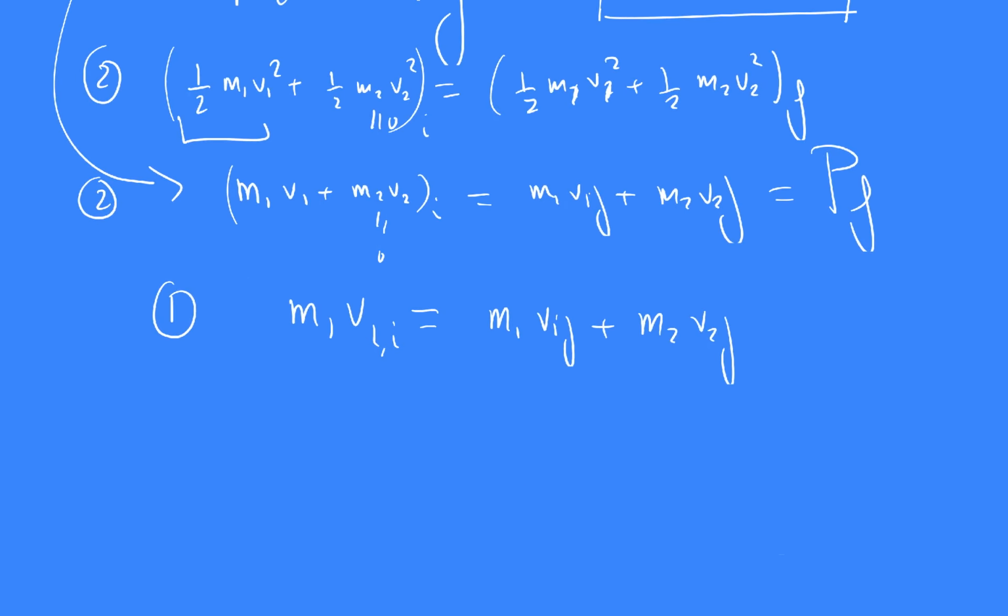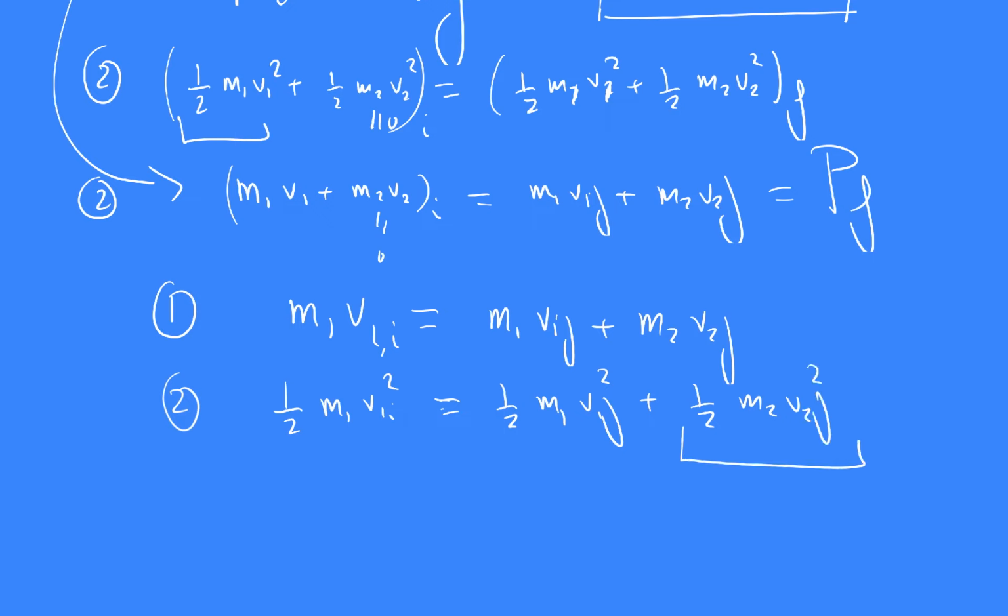And the second equation, for the conservation of kinetic energy, will read: 1/2 M1v1 initial squared equals 1/2 M1v1 final squared plus 1/2 M2v2 final squared. The final kinetic energy is equal to the total kinetic energy initially.